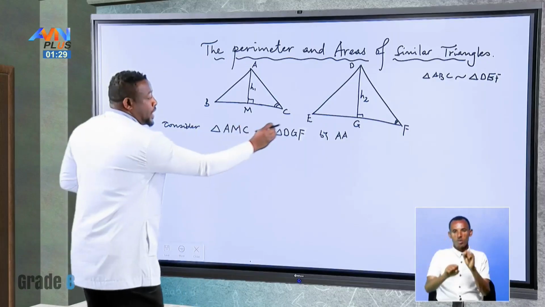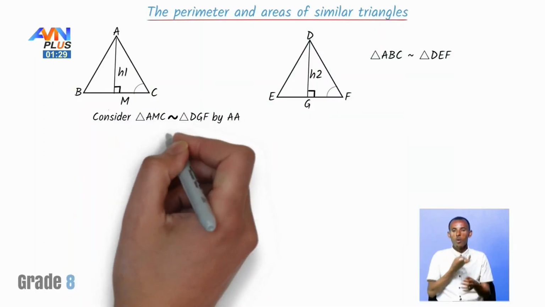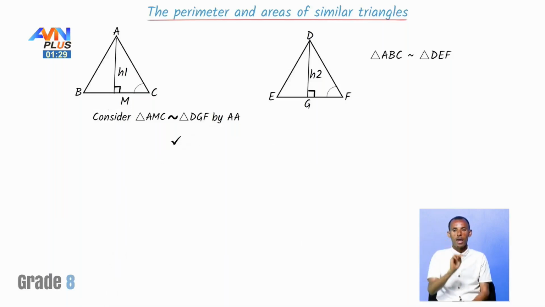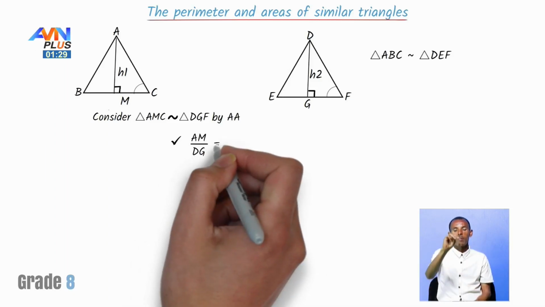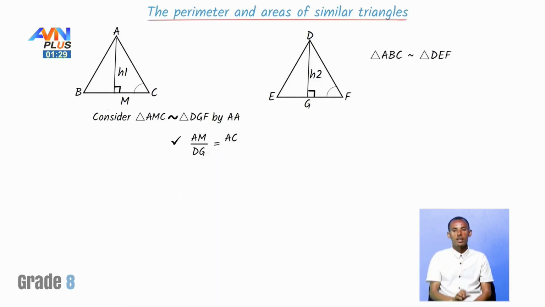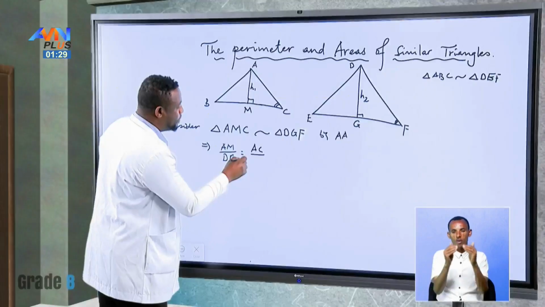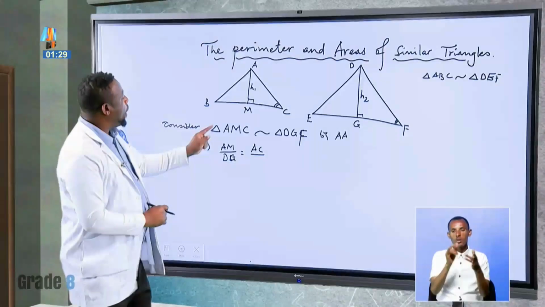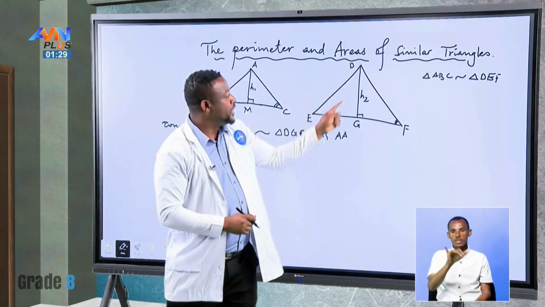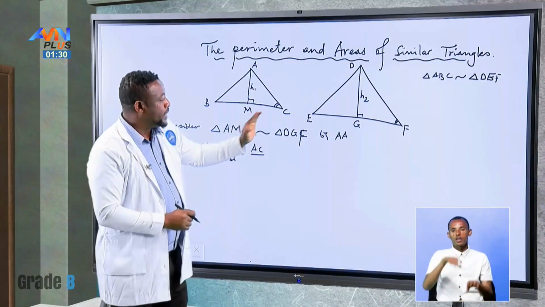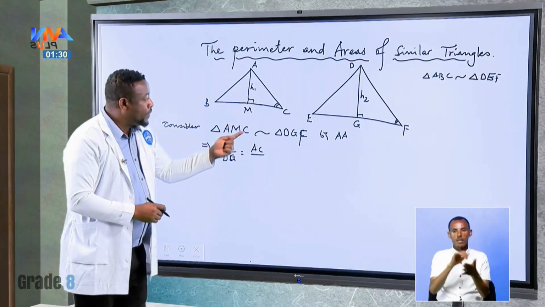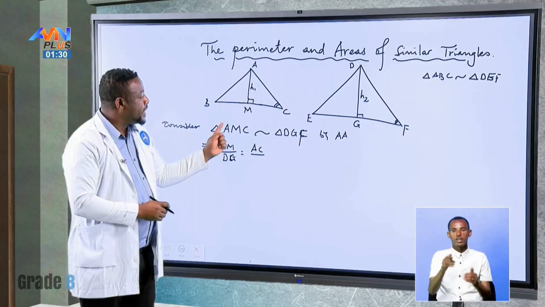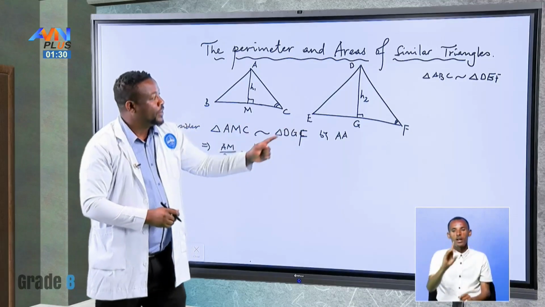If these two are similar, we can say that AM over DG is equal to AC over DF, since AMC is similar to DGF. This happens by angle similarity. So AM over DG is the same as AC over DF, okay?